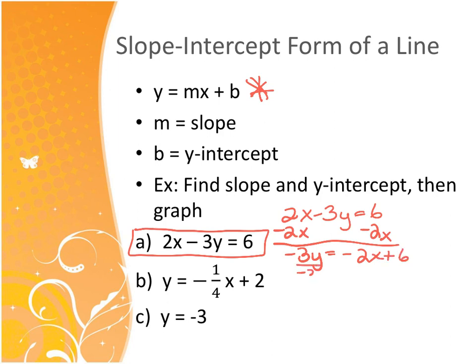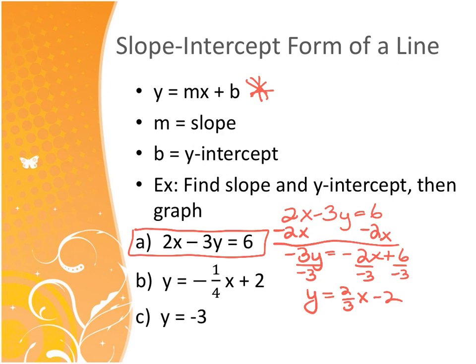Next, I'm going to divide all three pieces by negative 3. Now, notice the 2/3. It's a negative 2 over a negative 3. A negative divided by a negative makes this positive 2/3. And then positive 6 divided by negative 3 is negative 2.